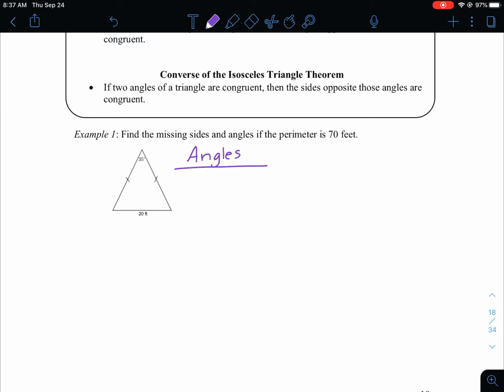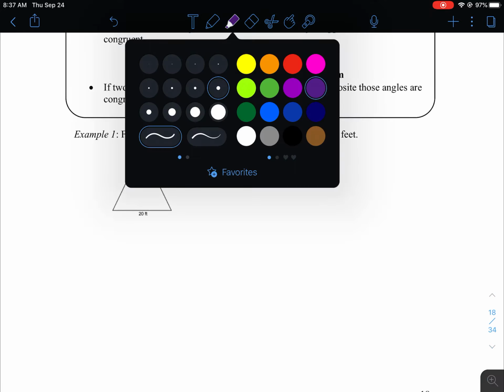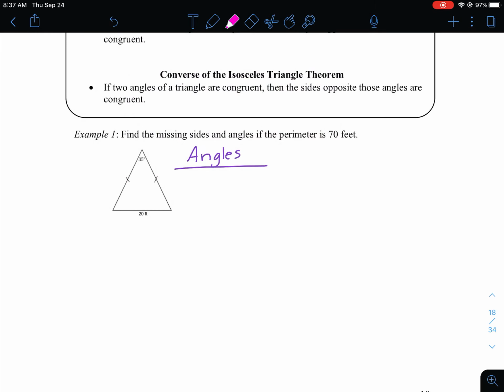We know that all 3 angles of a triangle add up to 180. So if this vertex angle is 35 degrees, and this is an isosceles triangle, because we know that these two sides are congruent, we know the base angles are also congruent. So we could call them each x.